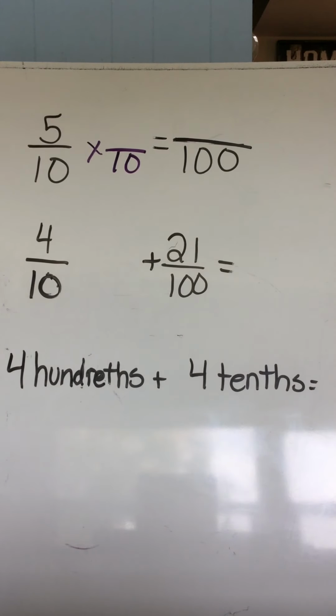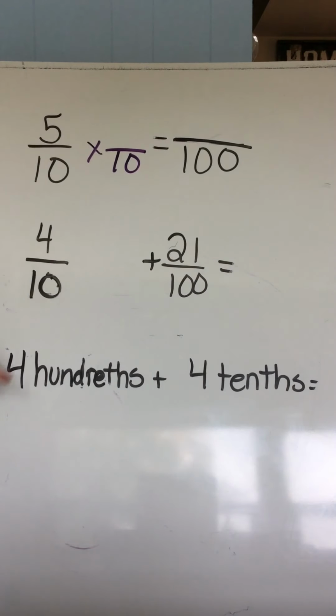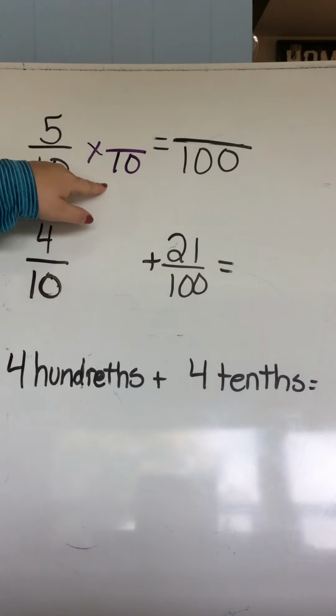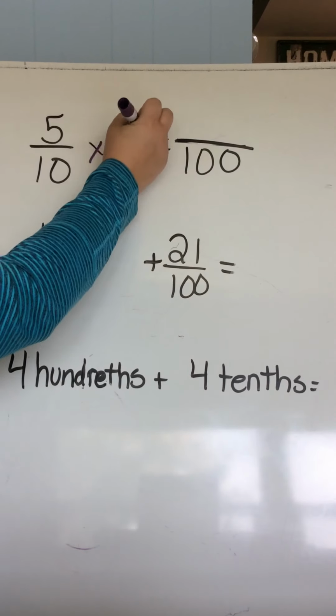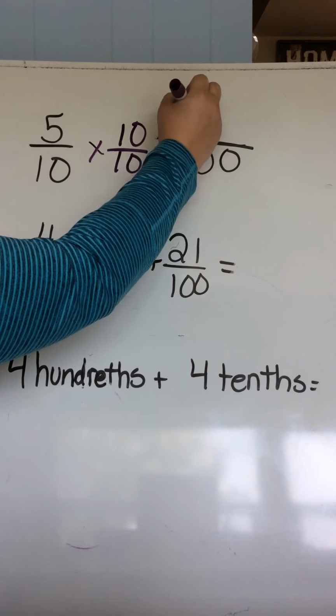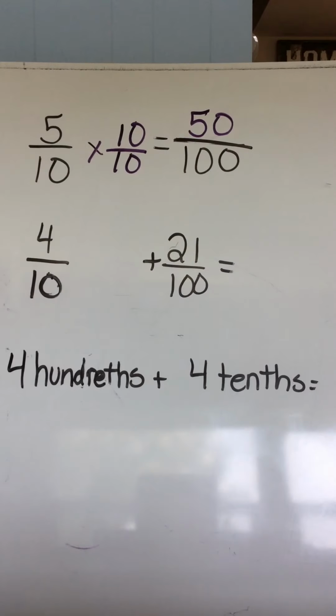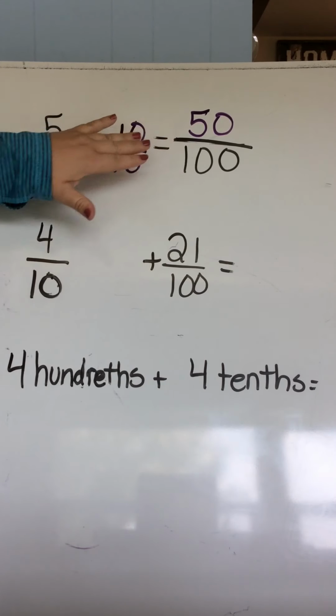Now, remember, to find an equivalent fraction, what you do to the bottom, you have to do to the top. What you do to the denominator, you have to do to the numerator. So if I multiply by 10 for the denominator, I have to multiply by 10 with the numerator. So 5 times 10 would give me 50. Okay, so 5/10 is equivalent to 50 100ths.